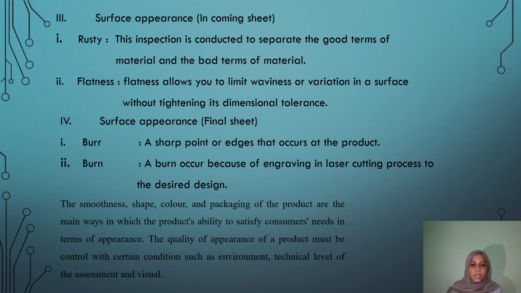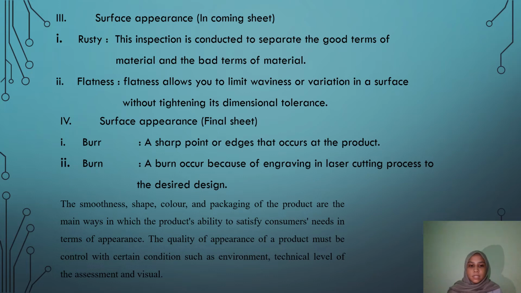For surface appearance in the final sheet, we have burr. A burr is a sharp point or edge that occurs on the product. And second is burn. A burn occurs because of engraving in the laser cutting process to the desired design.